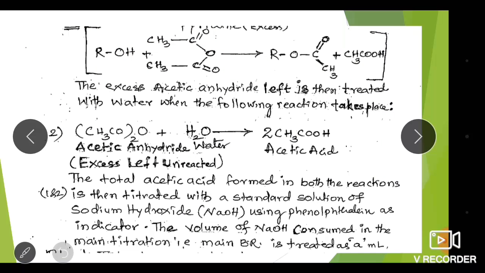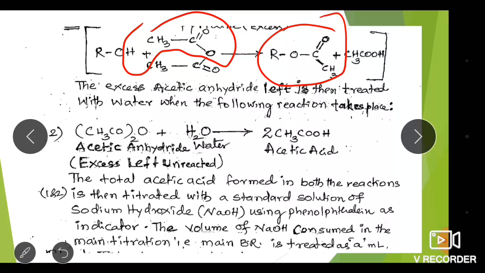ROH reacts with acetic anhydride, CH3-C(=O)-O-C(=O)-CH3. The hydrogen is replaced with the acyl group, and we get the acylation product, the ester RCOCH3, and the side product is acid.